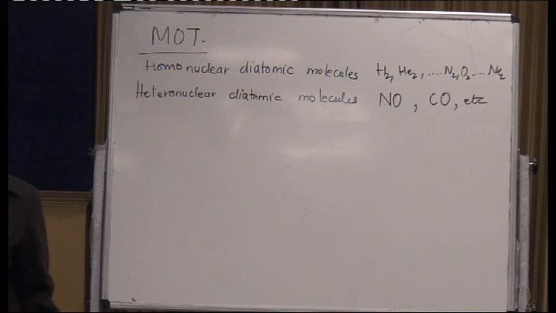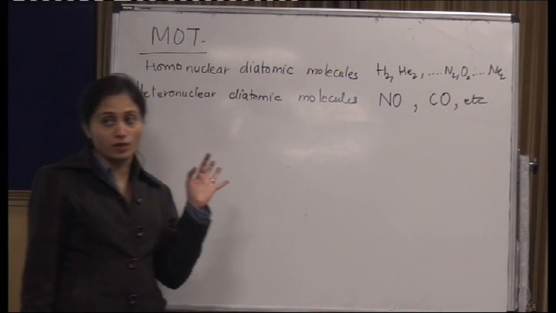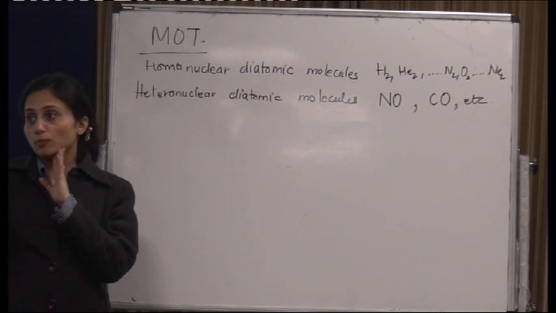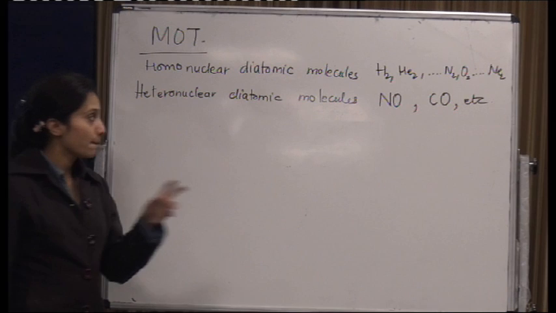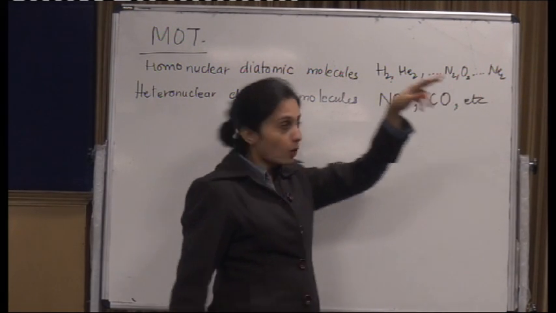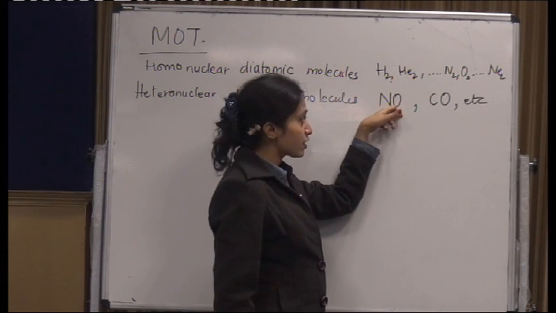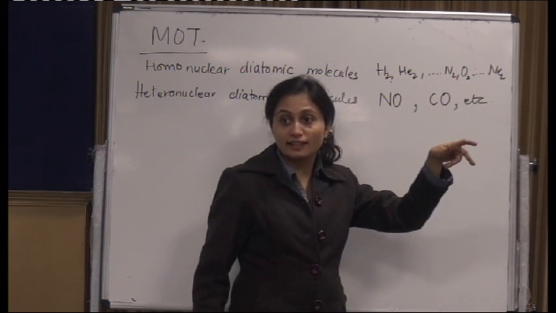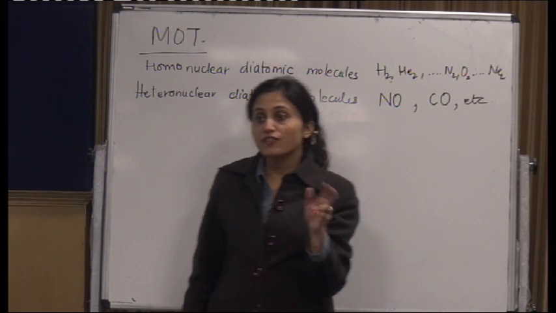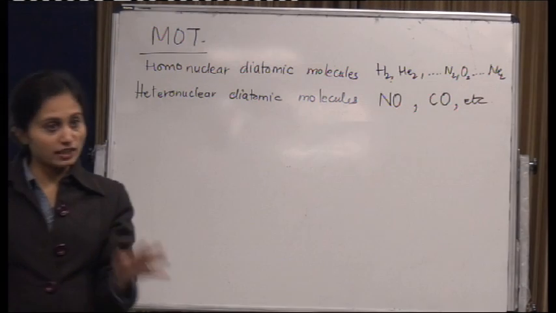Almost every year there is a question from heteronuclear diatomic cases, which are NO and CO. These are the favorite two molecules. Now just look up onto the board. Here there was no electronegativity difference earlier, whereas in NO and CO there is an electronegativity difference, where oxygen is more electronegative than nitrogen, and oxygen is more electronegative than carbon.